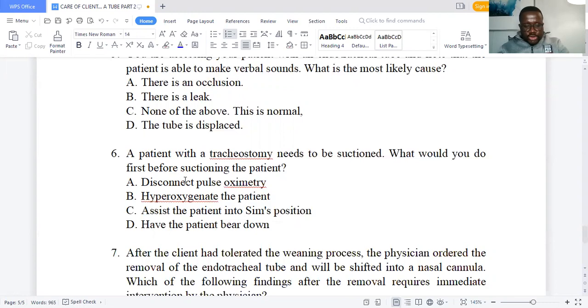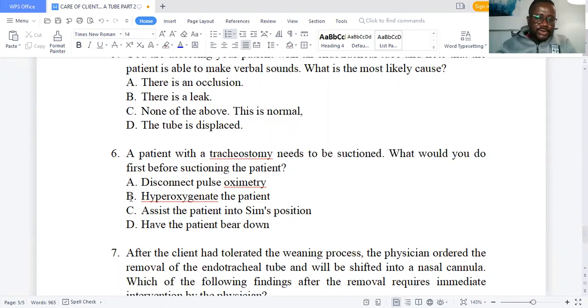So before you suction, you should, we mentioned that, right? A, disconnect pulse oximetry. Like seriously? Hyperoxygenate the patient. Assist the patient into Sims position. Have the patient bear down. Disconnect, no. Instead, the pulse oximetry has to be in place. You cannot disconnect it. B, hyperoxygenate.